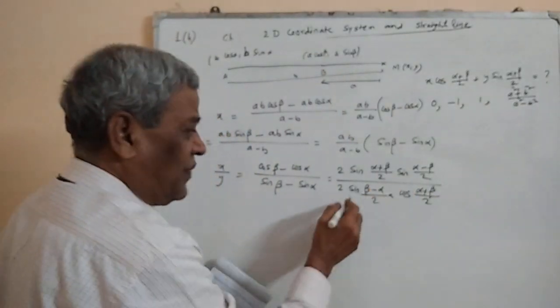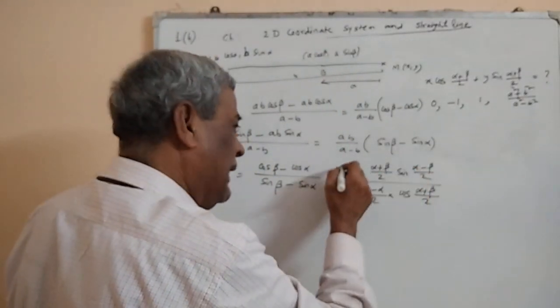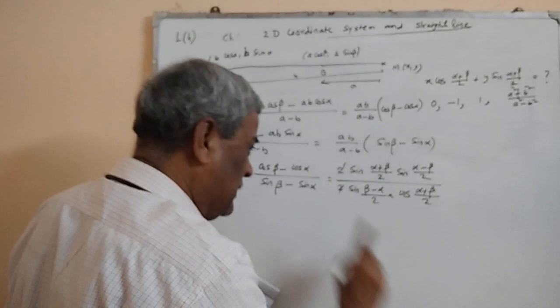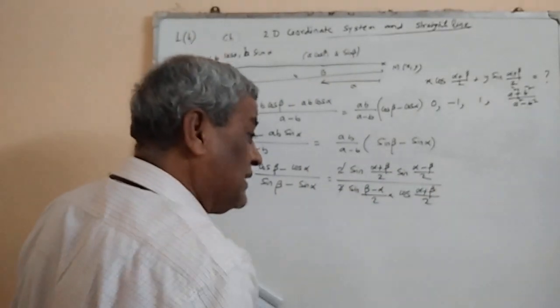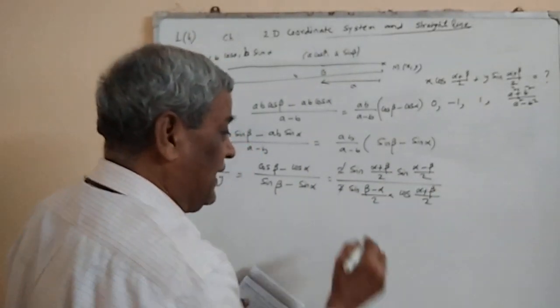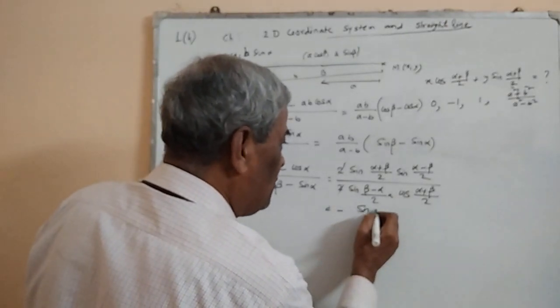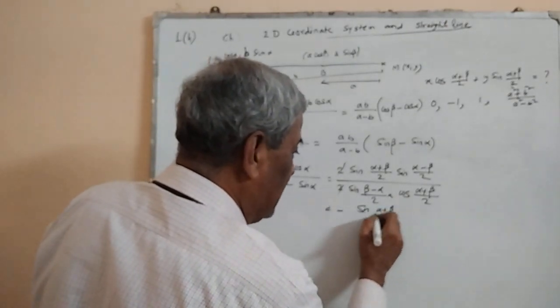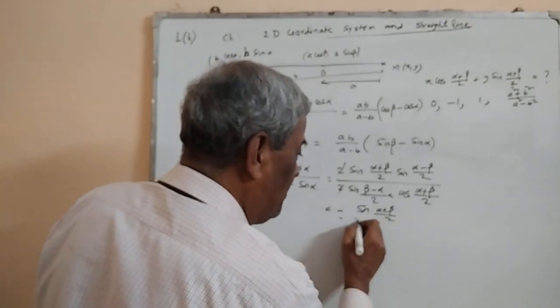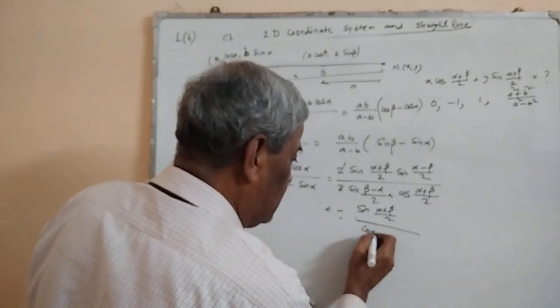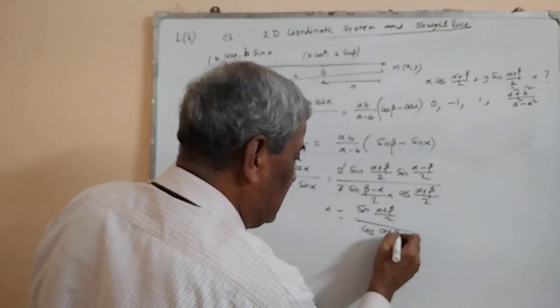Now you see this and that will cancel. The 2 must cancel. This and that cancel with a negative sign. So this is equal to minus sin of alpha plus beta by 2 by cos of alpha plus beta by 2.